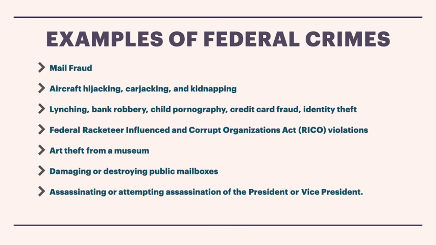Lynching, bank robbery, child pornography, credit card fraud, identity theft, racketeering, which is basically being a mobster, art theft, destroying public mailboxes, or attempting to assassinate the president or the vice president of the United States. Those are just a couple of examples of crimes that would be federal crimes.